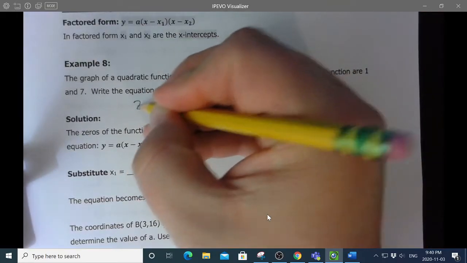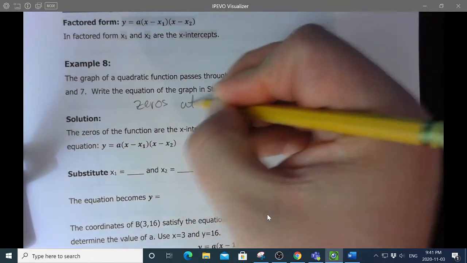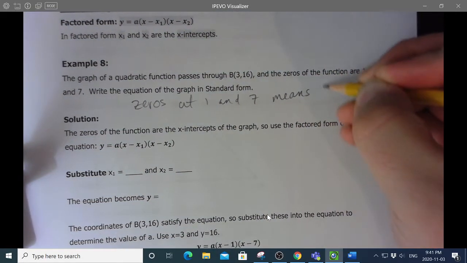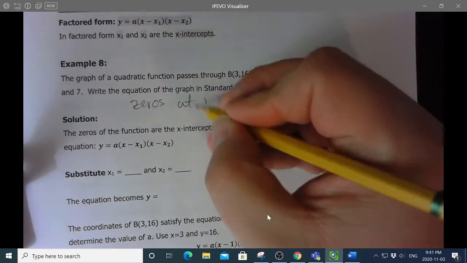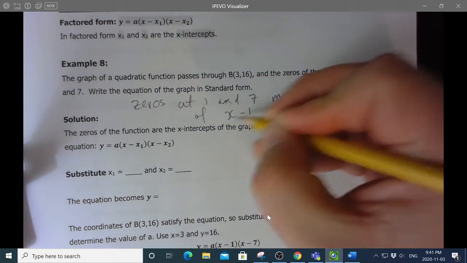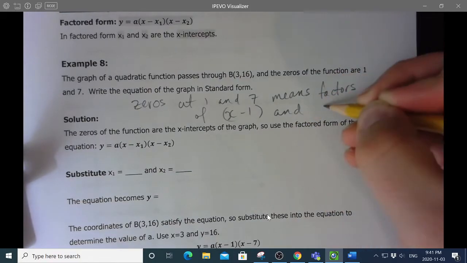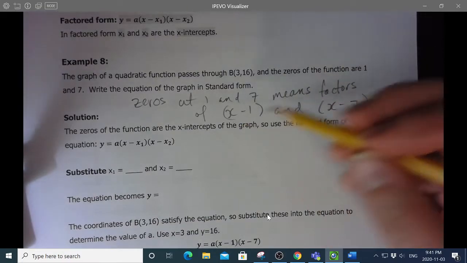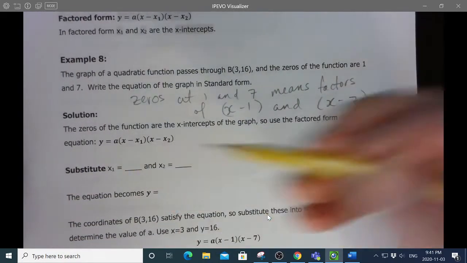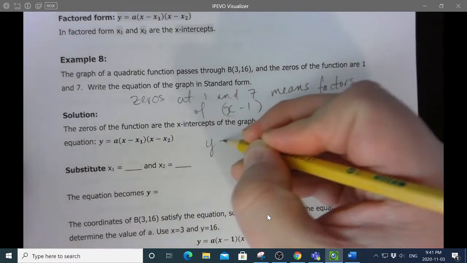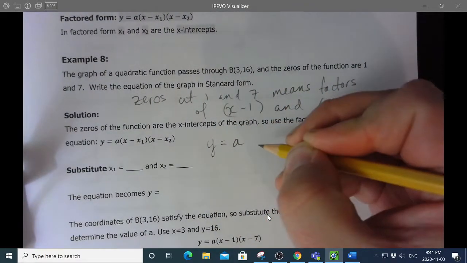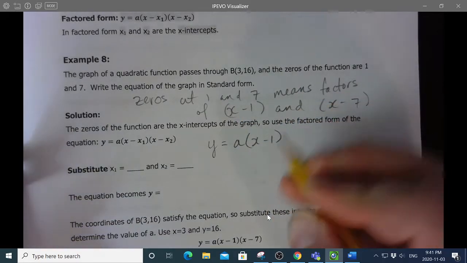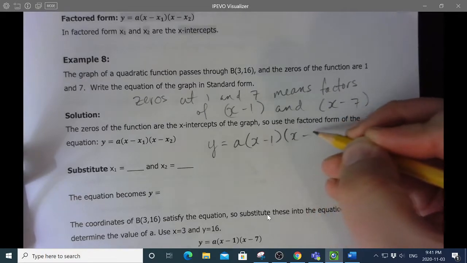Zeros at 1 and 7 means factors of x minus 1 and x minus 7. So the zeros of the function are the x-intercepts of the graph, so it must look like y equals some number a, which I don't know yet, I'm going to figure that out, times x minus 1, there's x1, and x minus 7, there's x2.